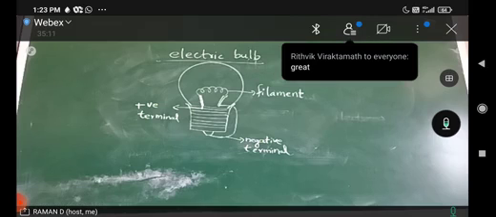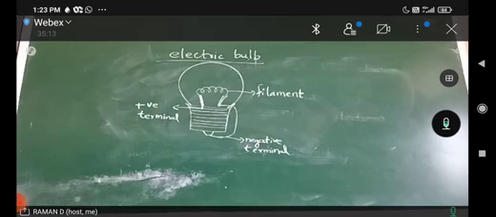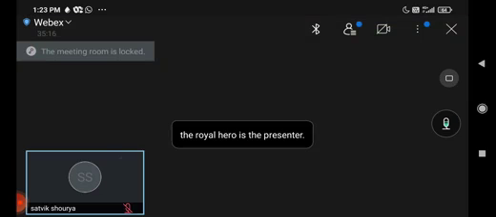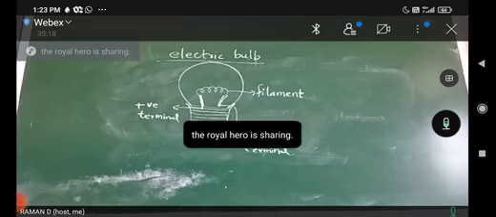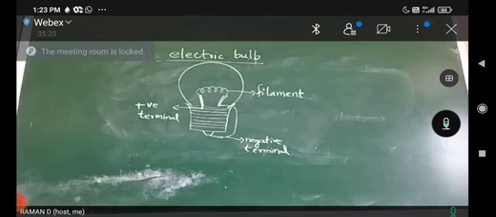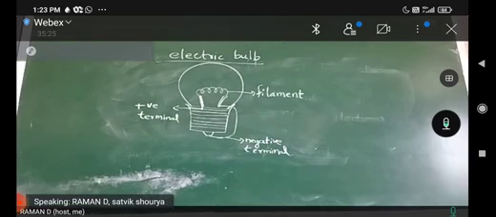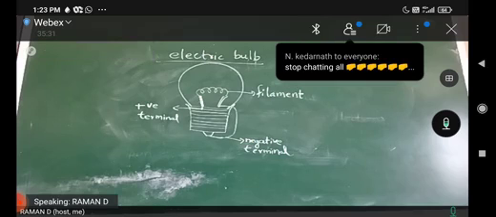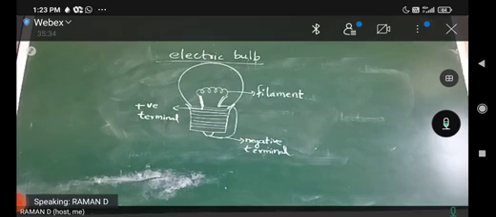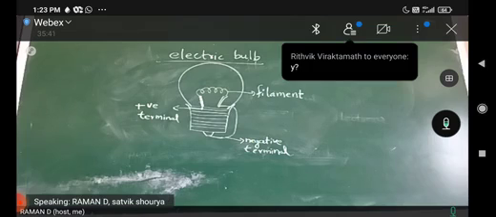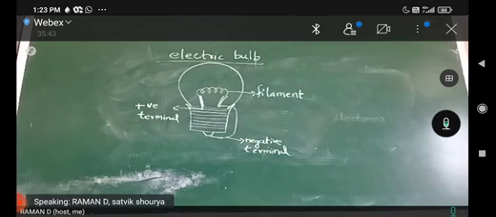That thin wire that gives off light by glowing inside the bulb is known as the filament. This filament is fixed to two thicker wires, and these two thicker wires provide support to the filament, and they are connected to two terminals.